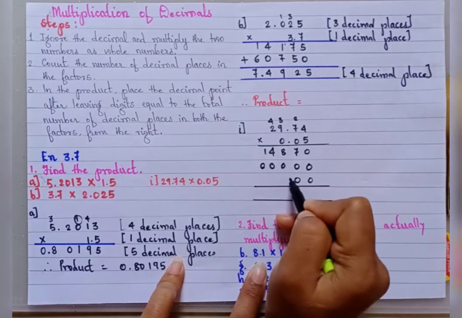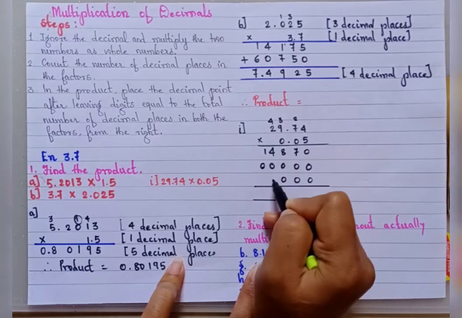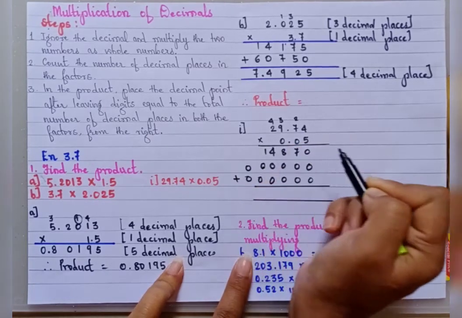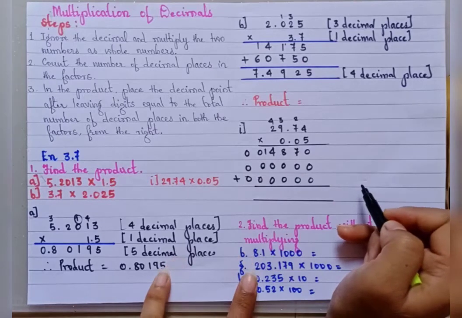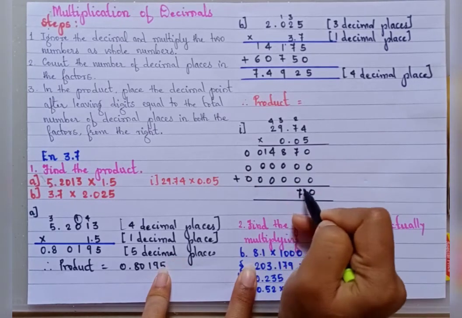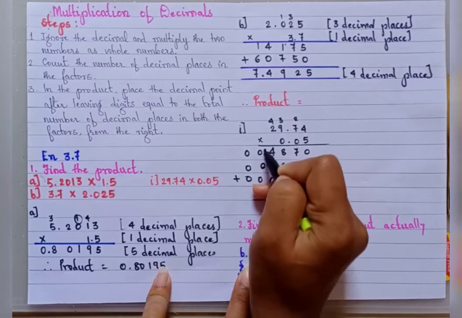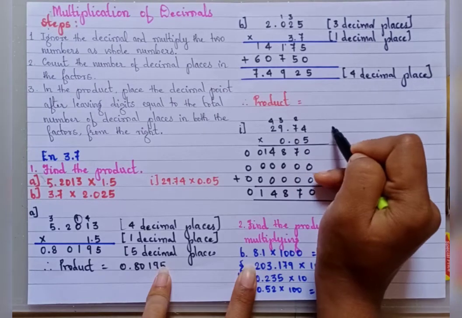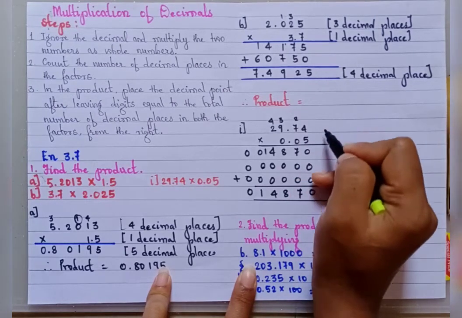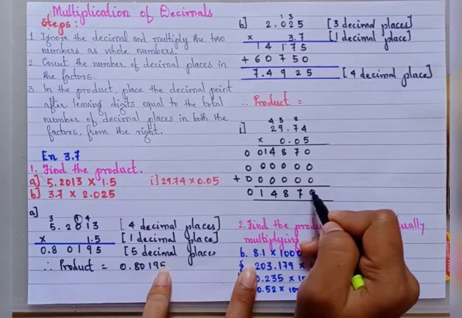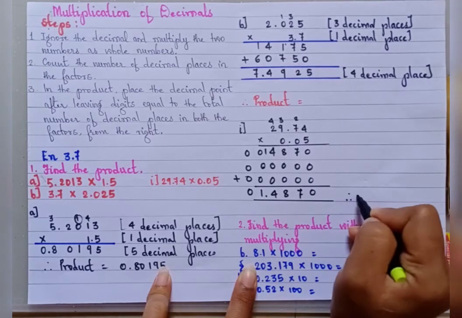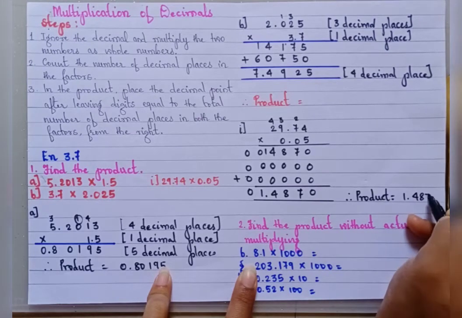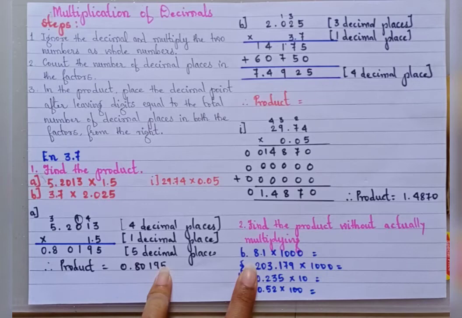So here also we have to write 0. 0 into 4 is 0, 0 into 7 is 0, 0 into 9 is 0, 0 into 2 is 0. Now let's add them. So now let's add 0, 7, 8, 4, 1, 0. Now if we see, here we are having 2 decimal places and here having 2 decimal places. So 2 plus 2 is 4 decimal places. So here we have to put the point after 4 decimal places. Therefore, the product equals 1.4870, and hence the answer.